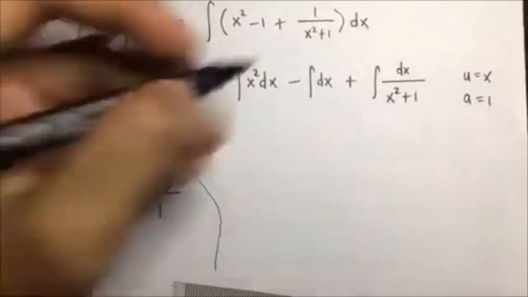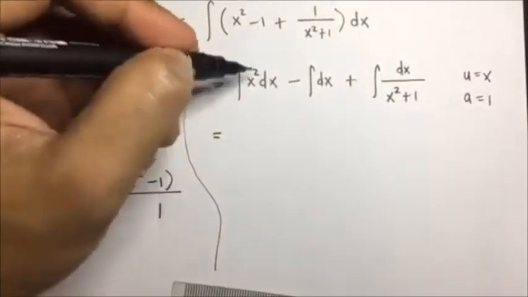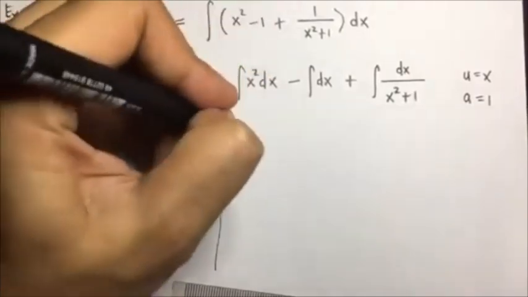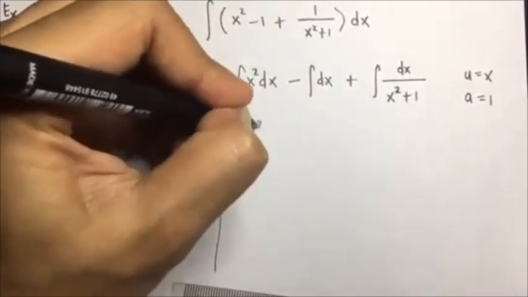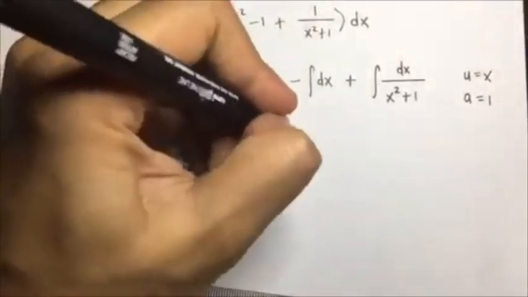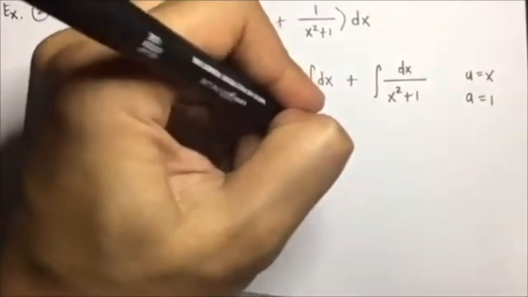Therefore, integrating this, the integral of x squared will be x cubed over 3, or 1/3 x cubed, minus the integral of dx, which is x, and then here we can apply the formula.